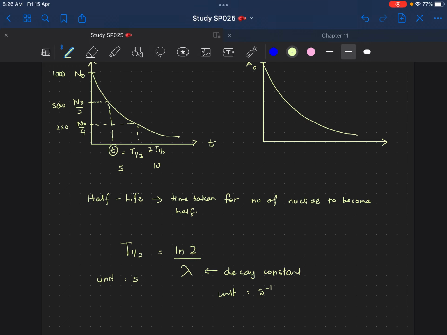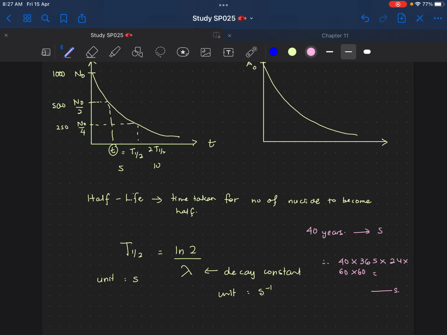So it's best that you convert all the times to seconds. Say you have 40 years. When putting it into the equation, put it in seconds. How to convert years to seconds? We know that 40 years has 365 days, one day has 24 hours, one hour has 60 minutes, and one minute has 60 seconds. Then you will obtain your answer in seconds.